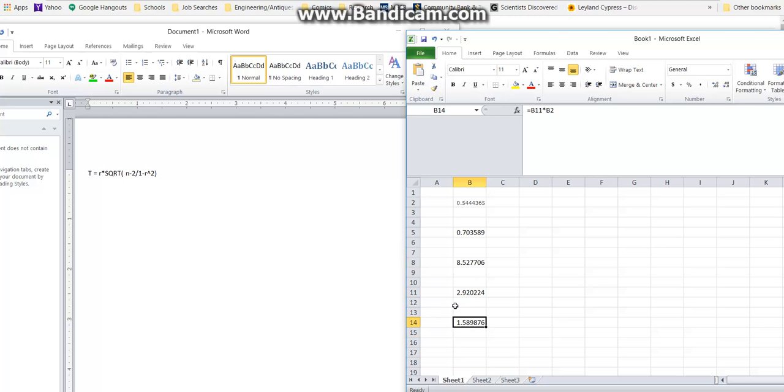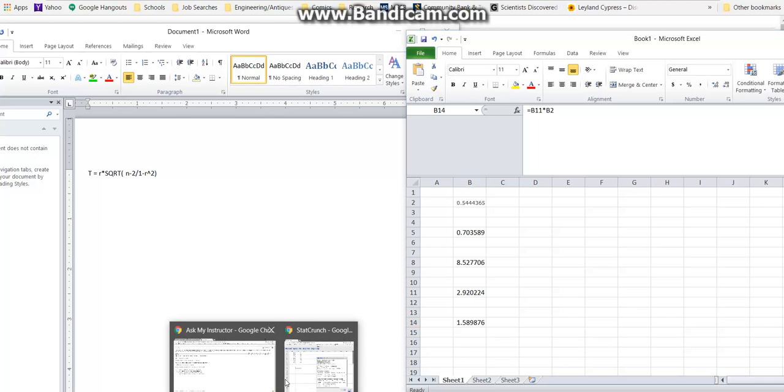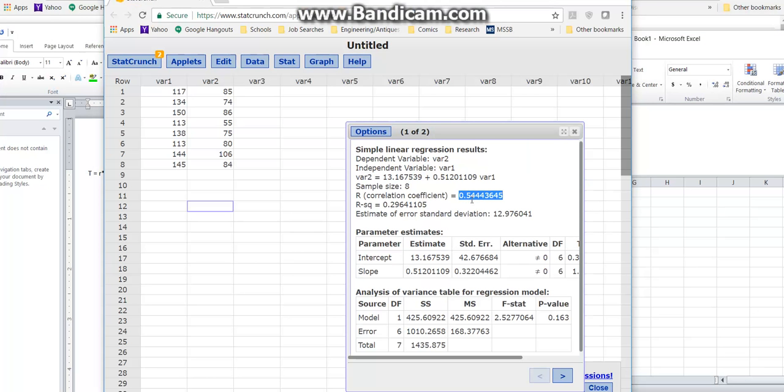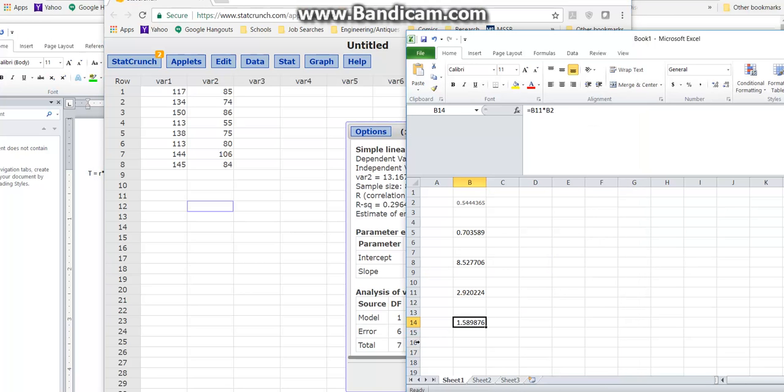Now, be careful. The r in this case is positive. The r could also have been negative. You must retain the sign of the r value. So now I have the t-stat, the t-test stat. Now only one other thing to do, and that is to find the corresponding p-value.